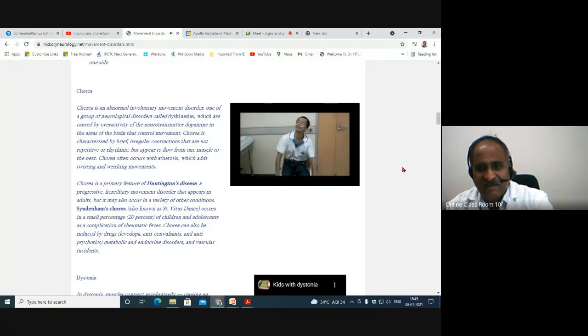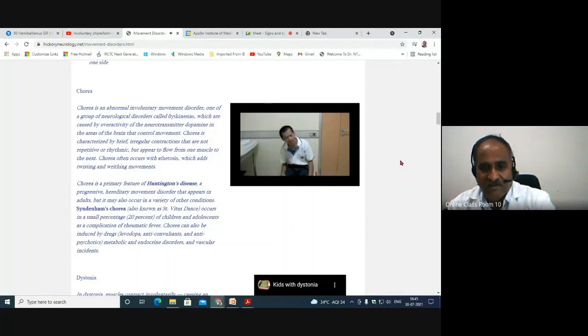See that limb, how he is moving, these are choreanic motions. He was asked to hold the limbs there, and he was not able to control. See how he is trying to do that. So these are choreanic motions.